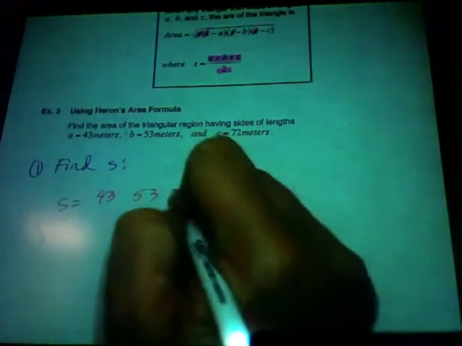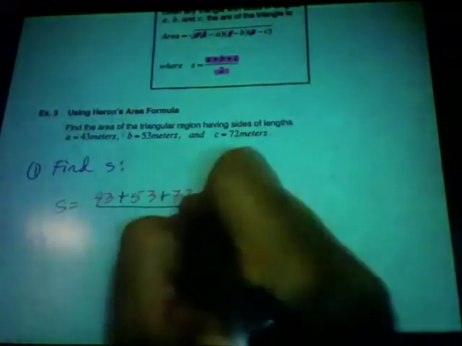So step 1, find S. S is equal to my 3 sides, 43, 53, and 72, added together, all divided by 2.